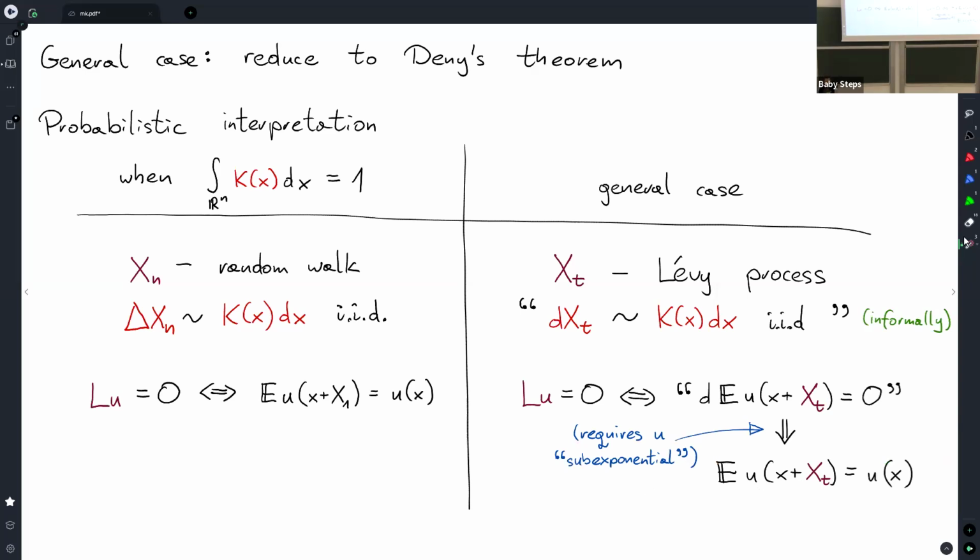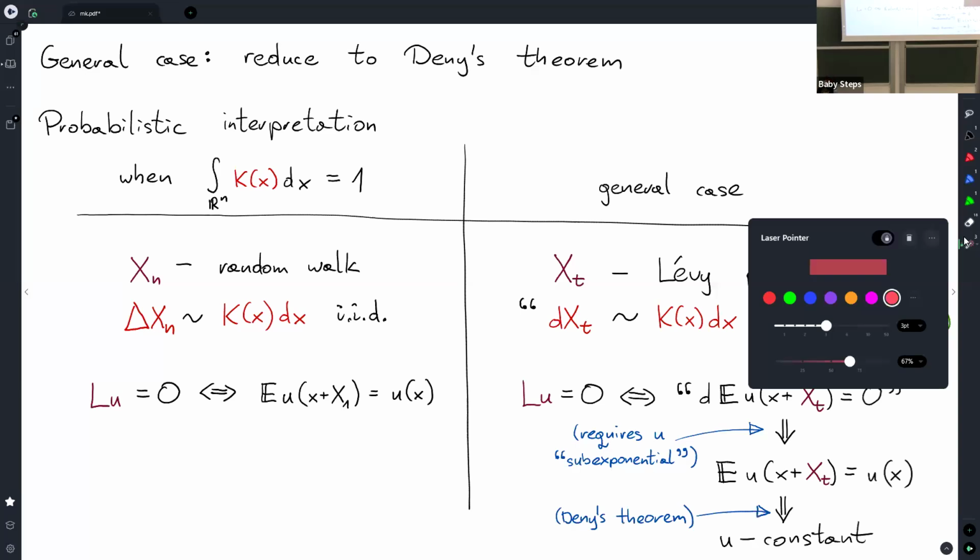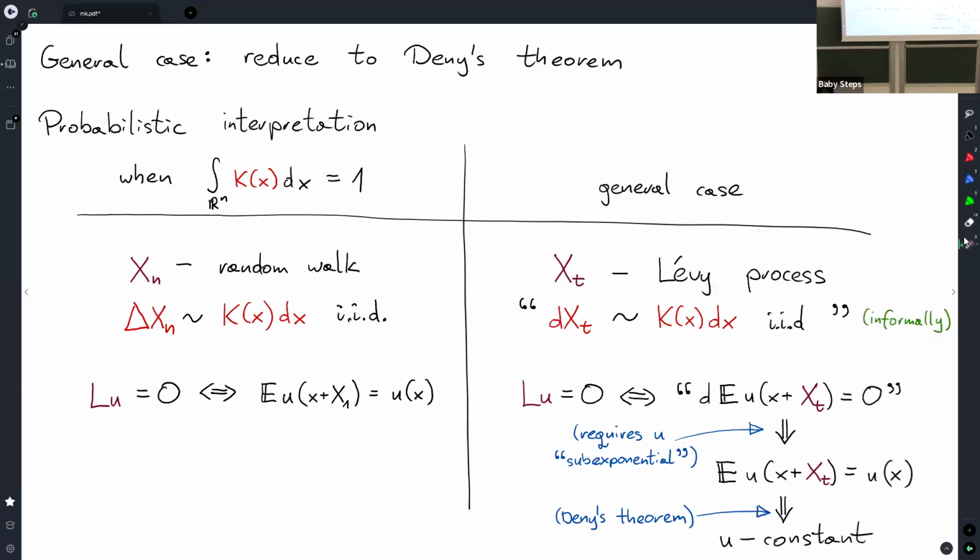Now, that requires some assumption on U that I will explain in a minute. But let me just say that once you have this, you just apply the Denise theorem to that equation.